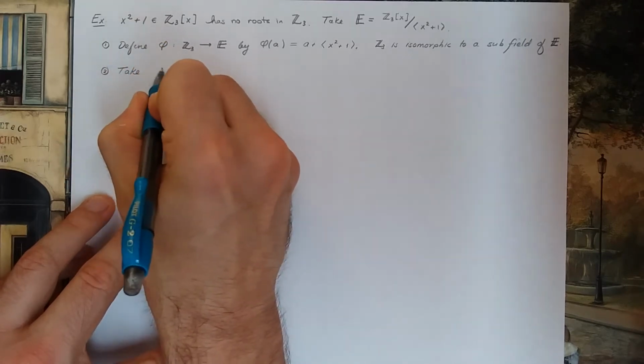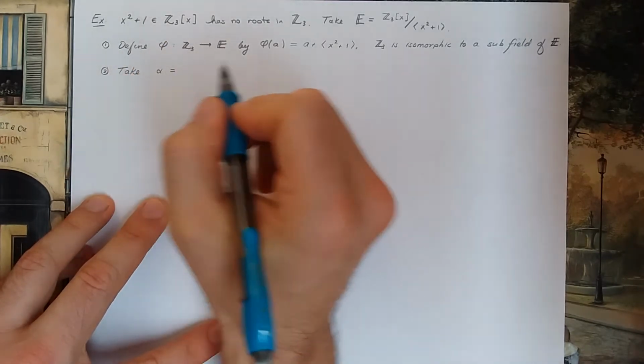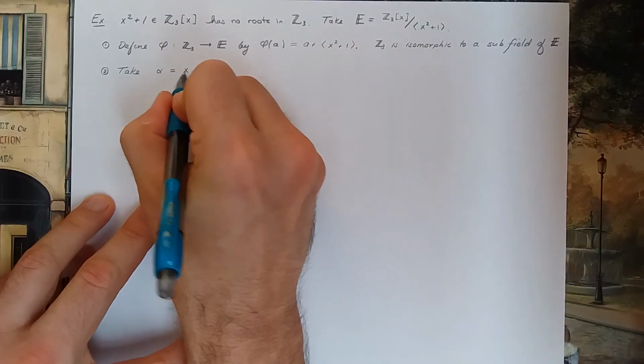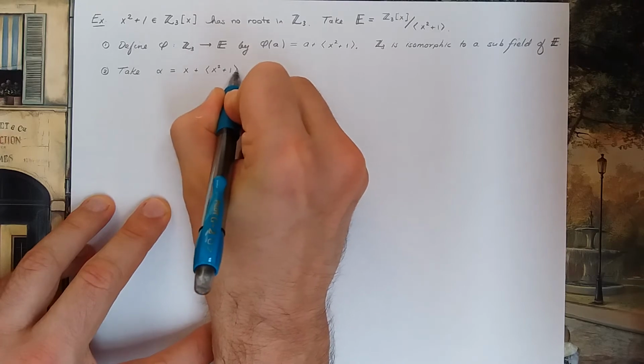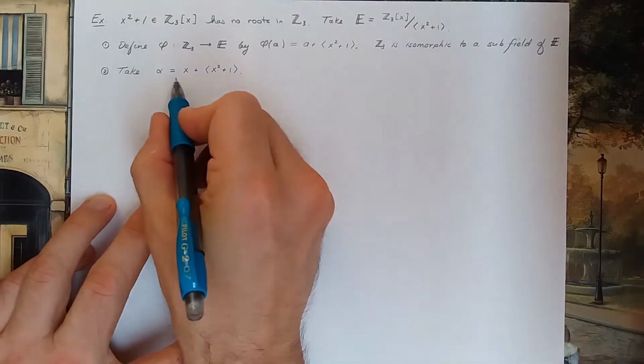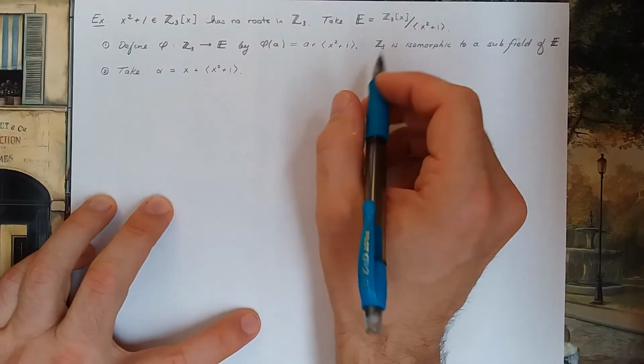Here's what it is. I'm going to take alpha to be the element x plus my ideal. That's an element in my factor ring.